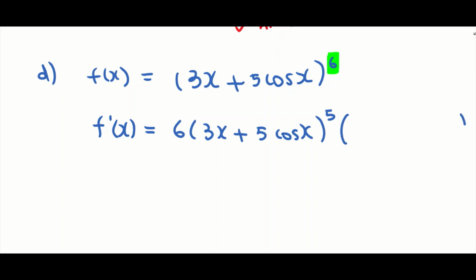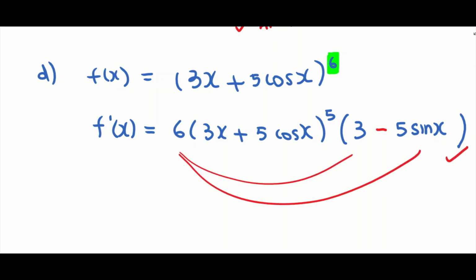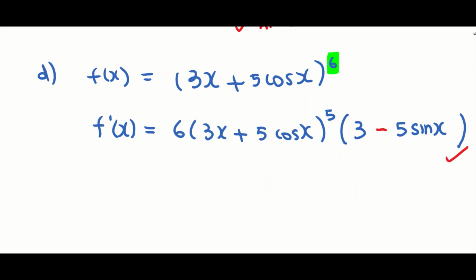So I must put a big bracket. Differentiate 3x becomes 3. Be careful, I differentiate cosine x. It will give me what? Negative sine x. So like this. We can leave it like this. If you want to expand, go ahead. But honestly, you don't need to. You can just leave it like this. Very simple.